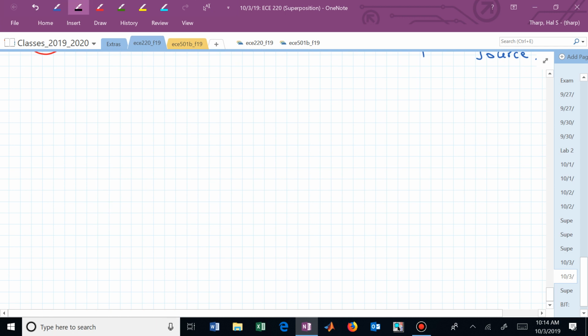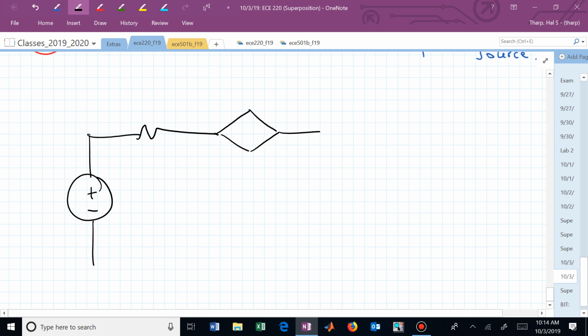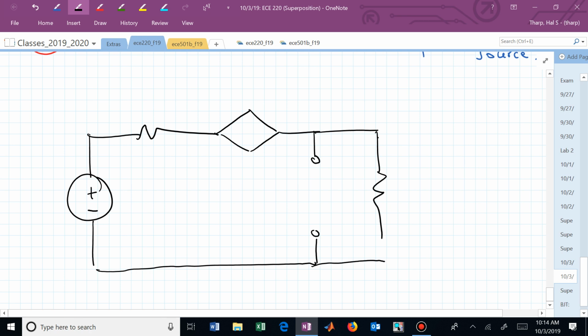Actually, it doesn't need to be that tall, because now the 2 amp has been removed, opened up. The 1 amp has been opened up. And we still have our 10 ohm resistor there. This is now V sub 0 sub 2. And here's 10 volts.